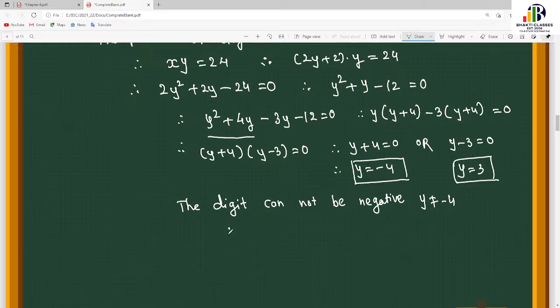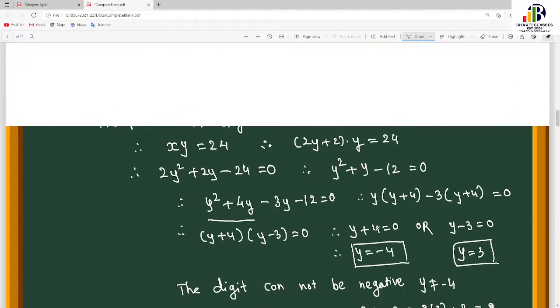Therefore y is equal to 3. Therefore what is x? X is equal to 2y plus 2, that is 2 into 3 plus 2, that is 6 plus 2, which is 8.